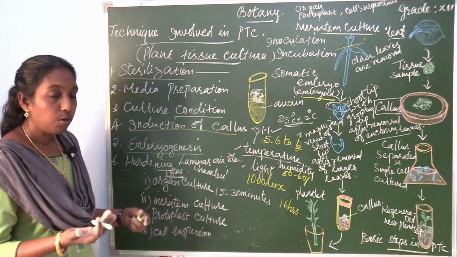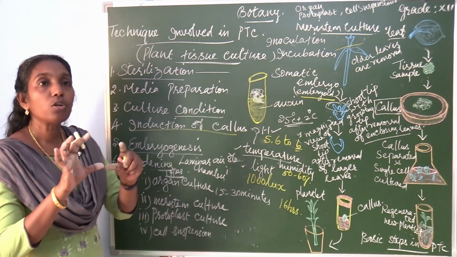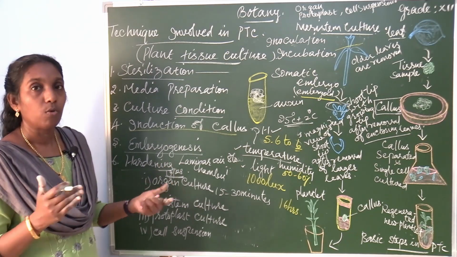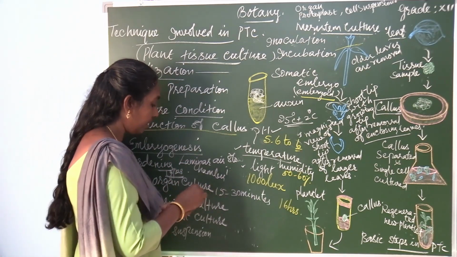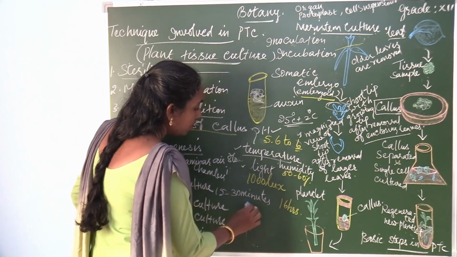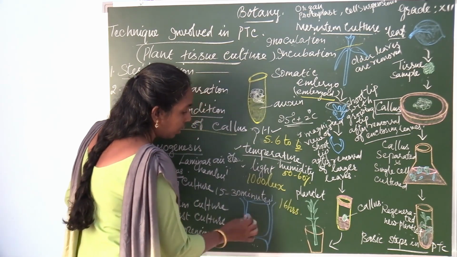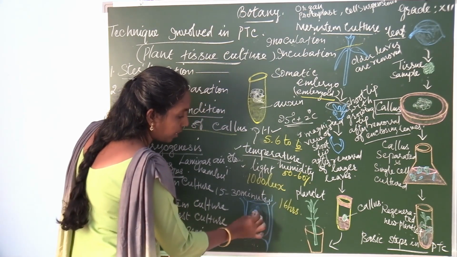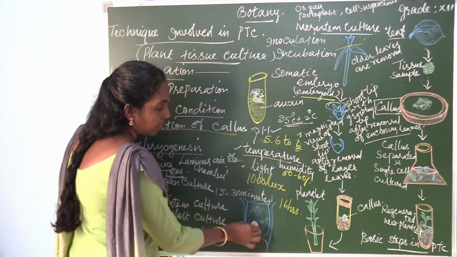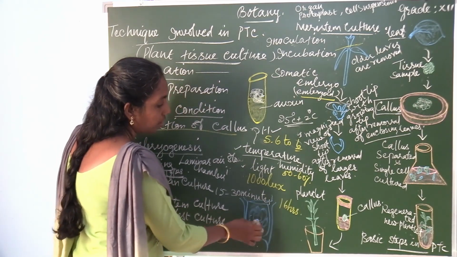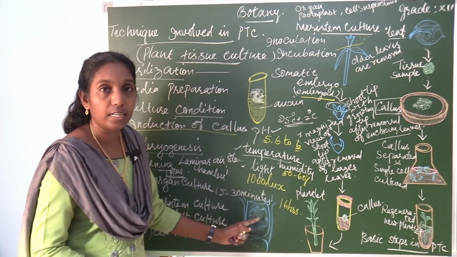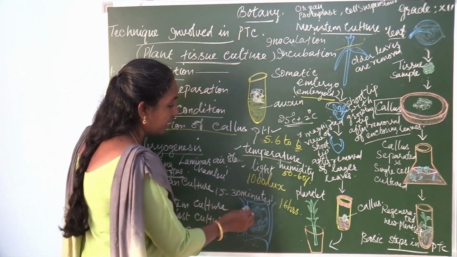Then in protoplast culture, what happens? The protoplast can be removed. What is protoplast? This is the plant cell, which contains the cell wall. Inside are the nucleus, the endoplasmic reticulum, chloroplast, the mitochondria, all the cell organelles of a eukaryote.